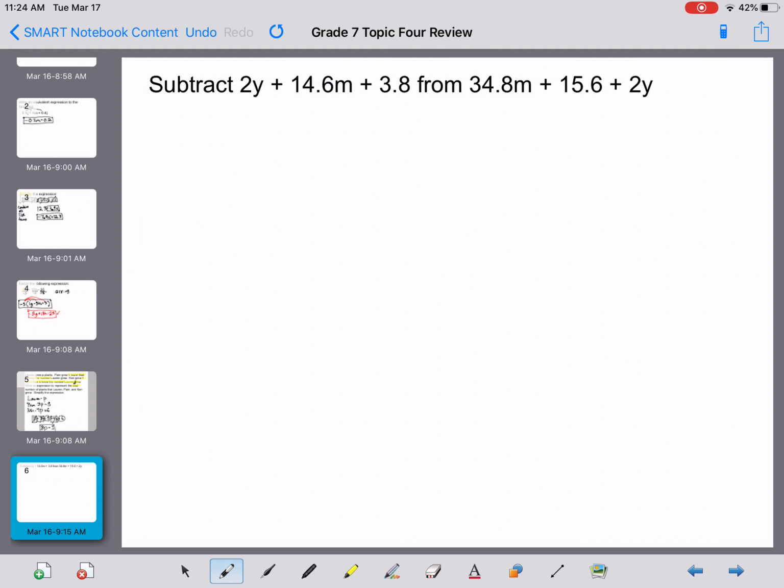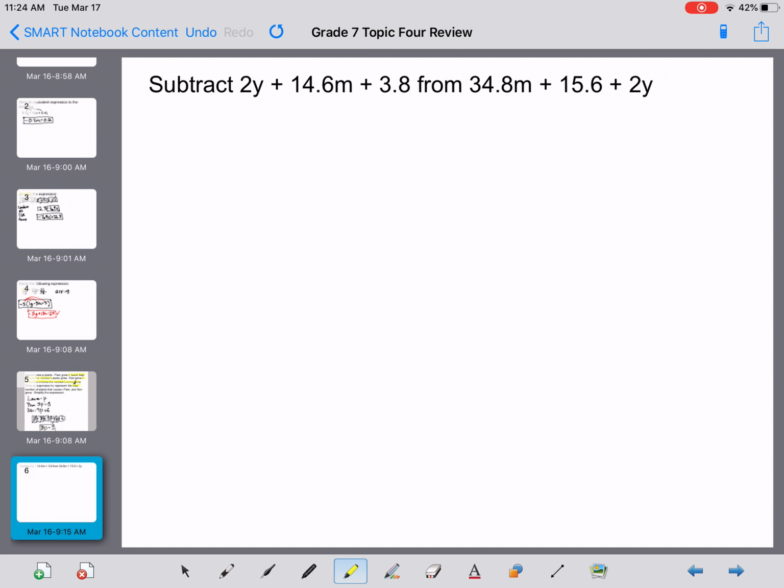Subtract 2y plus 14.6m plus 3.8 from 34.8m plus 15.6 plus 2y. Take a second to copy down the question. Now the key part to this problem is making sure we put the two expressions in the correct order.